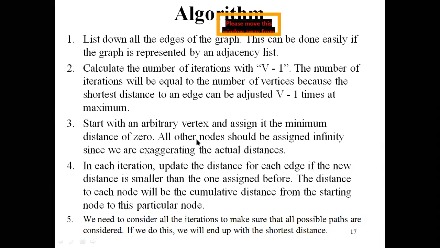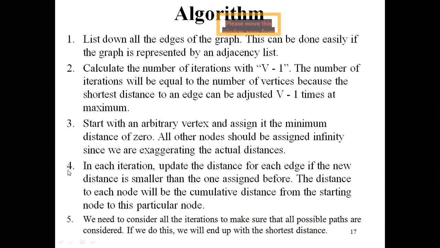So the source vertex distance is 0, whereas from the source vertex to the remaining vertices in the graph, we take infinity. Infinity means here we are taking larger distances and assuming that.